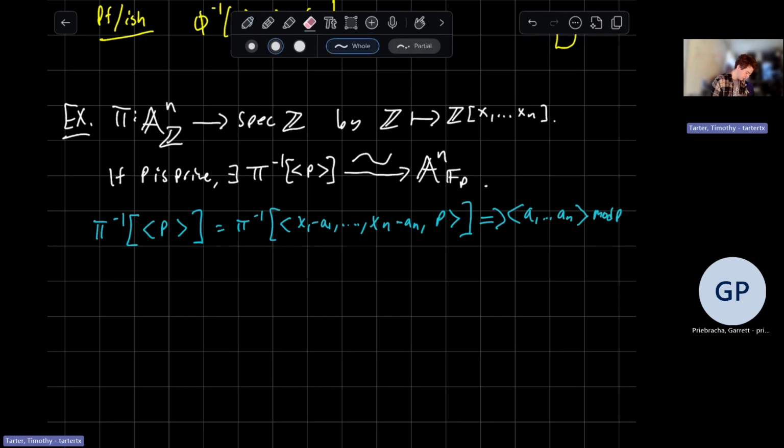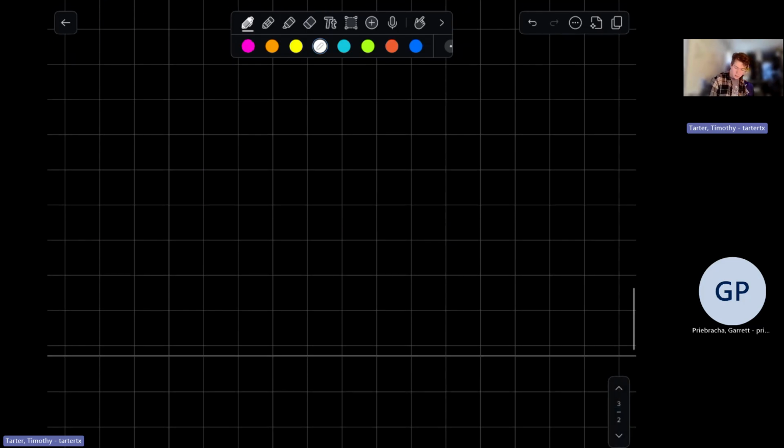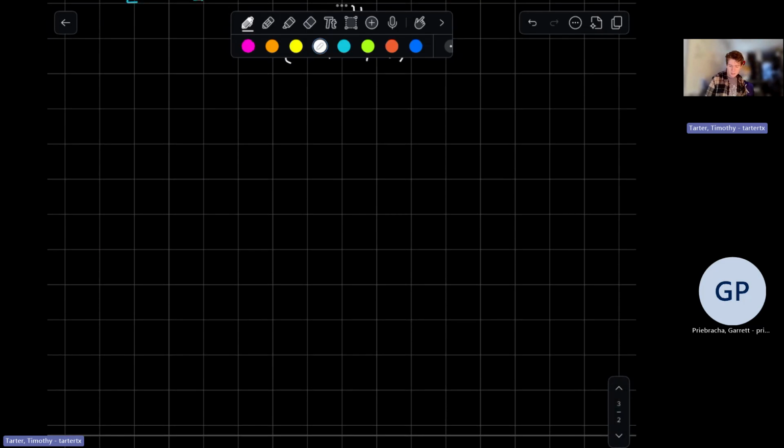This is not equals to, this is the map. Right. But it looks like A1 through AN as a tuple. So, yeah. Okay.